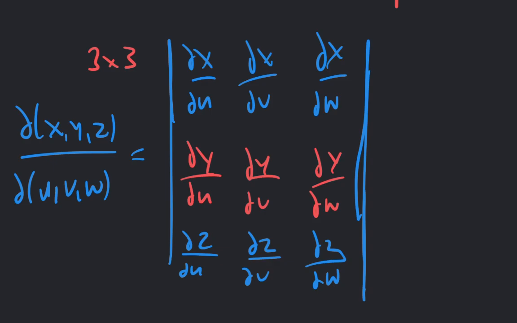So when you do this, you're going to get 9 partial derivatives that you have to compute, and then you take the determinant.